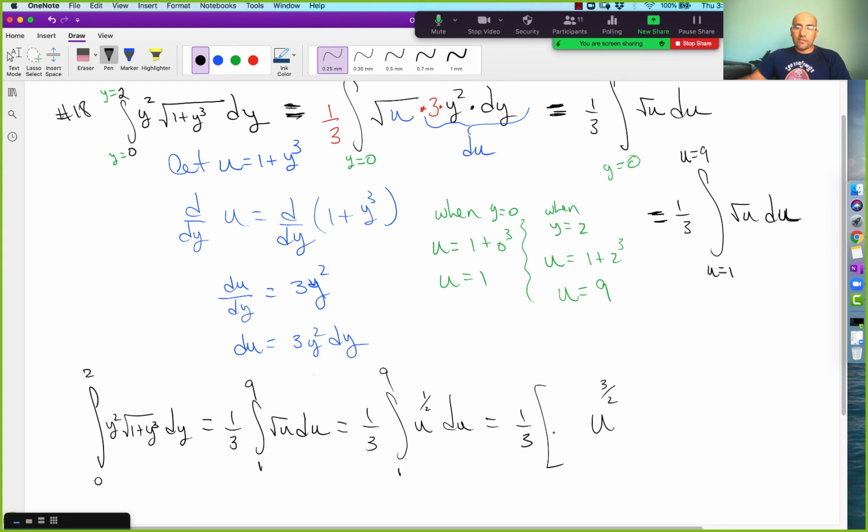And if we bring this out in front, we get 3/2. We don't want that, so we have to multiply it times its reciprocal. That way, when guessing and checking, if I bring this down in front, the two fractions cancel each other out. Subtracting 1 gets me to that. Okay, so it's 2/3 u to the power of 3/2, and we want to evaluate this from 1 to 9.